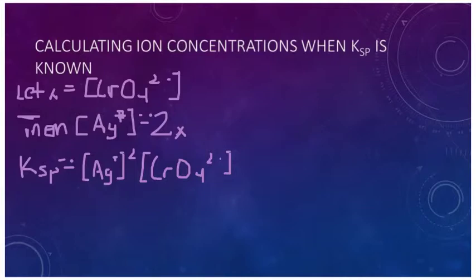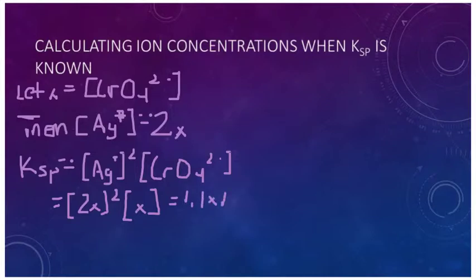Okay, then I'm going to sub in my values. So the concentration of Ag plus is 2x, and that's squared. Concentration of the chromate is just x, and that is equal to, because we're given the Ksp, 1.1 times 10 to the negative 12.